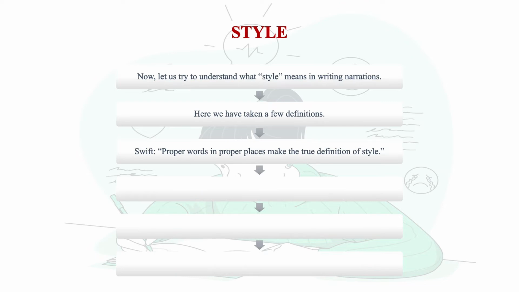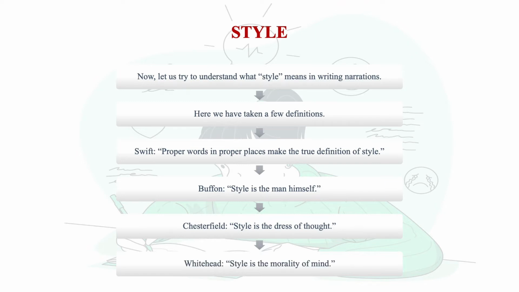Number 2. Buffon defines style as: style is the man himself. Third, Chesterfield defines style as: style is the dress of thought. Fourth, Whitehead defines style as: style is the morality of mind.